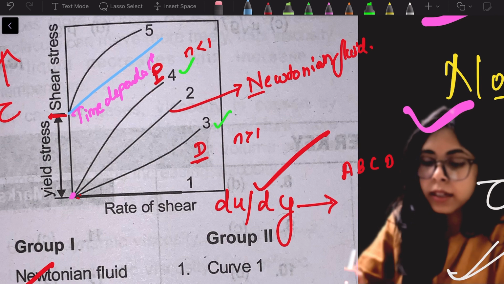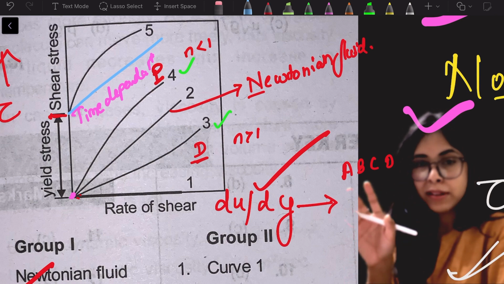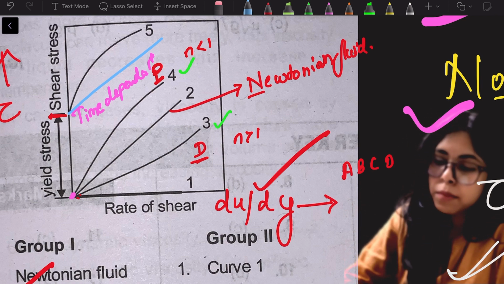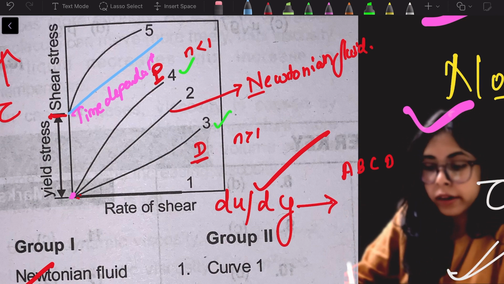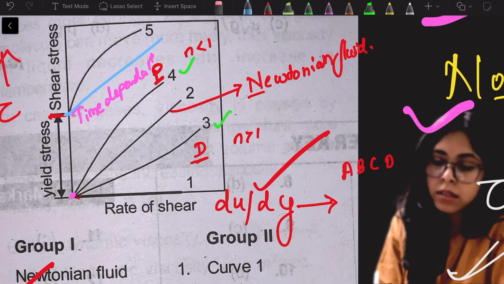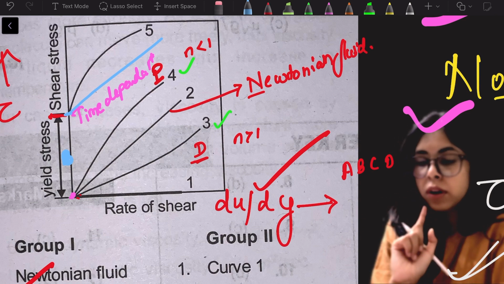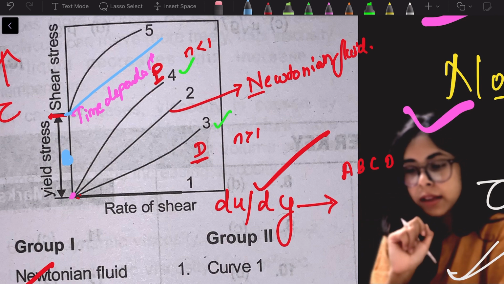It will take some initial yield stress, then only it will act as a plastic fluid. So it will be Bingham plastic if that is straight after some shear stress, that means after some initial value of b.